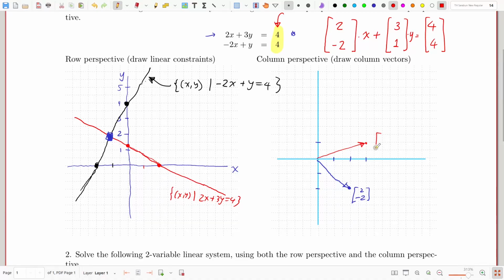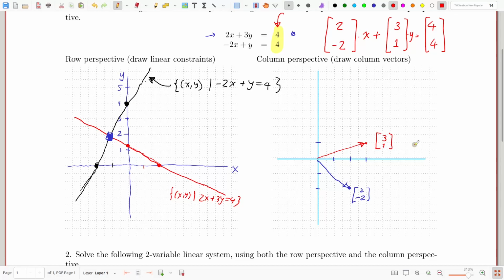So this is 3, 1. You have 2 vectors. Are they parallel? No. So you have 2 vectors on a plane that are not parallel. You can use them to move you to anywhere you like.